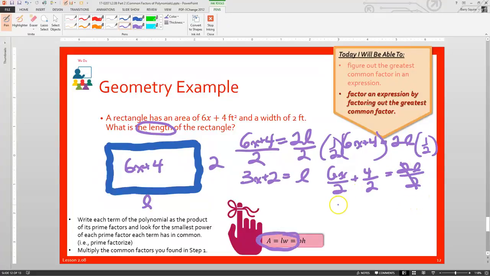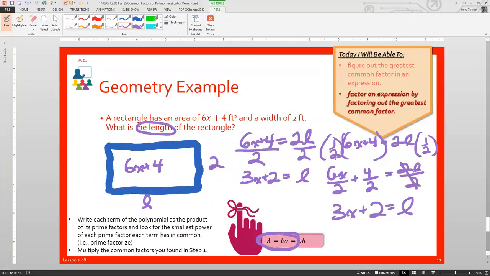Now we see things a little bit clearer. If we're still happy with division, we just have to remember that we have to divide everything on both sides, just like we have to multiply everything on both sides.